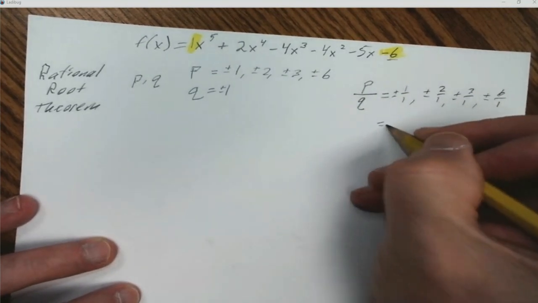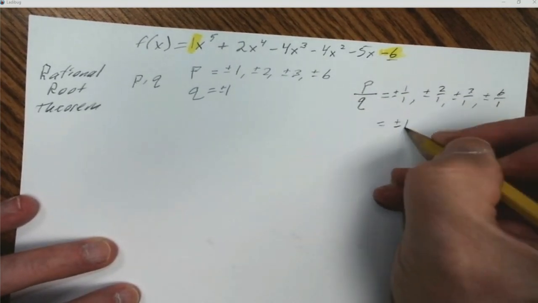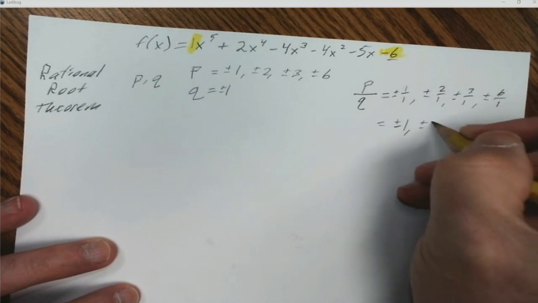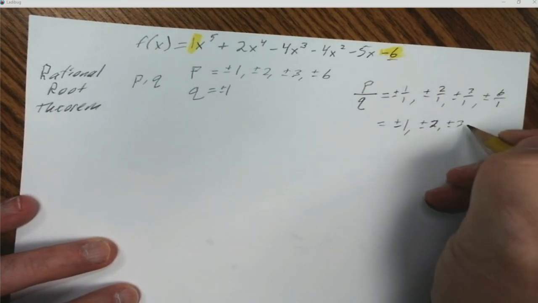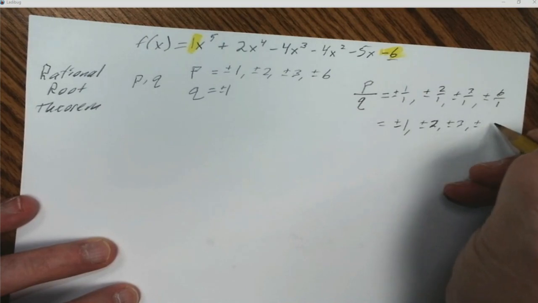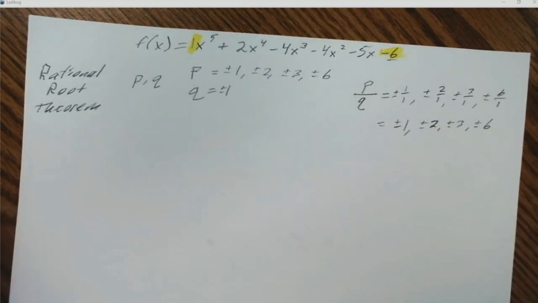So that simplifies to just plus or minus 1, plus or minus 2, plus or minus 3, plus or minus 6. All right, so that's P's over Q's.